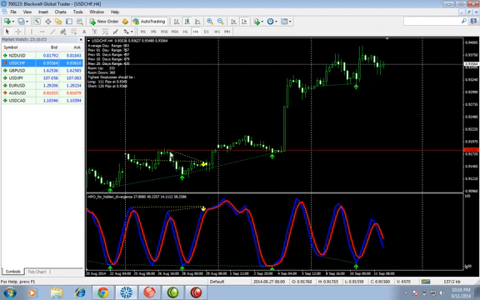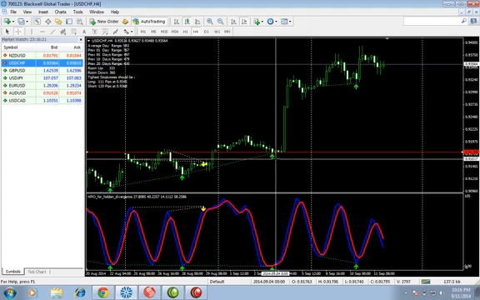Look at this, into this region, and price, let me take that up a little bit more. Notice this, price comes, tests here, and there is a divergence there. You see this arrow pointing up.